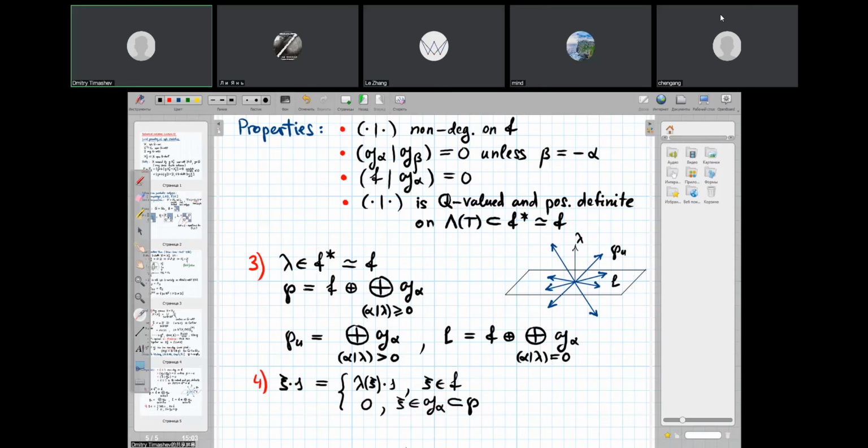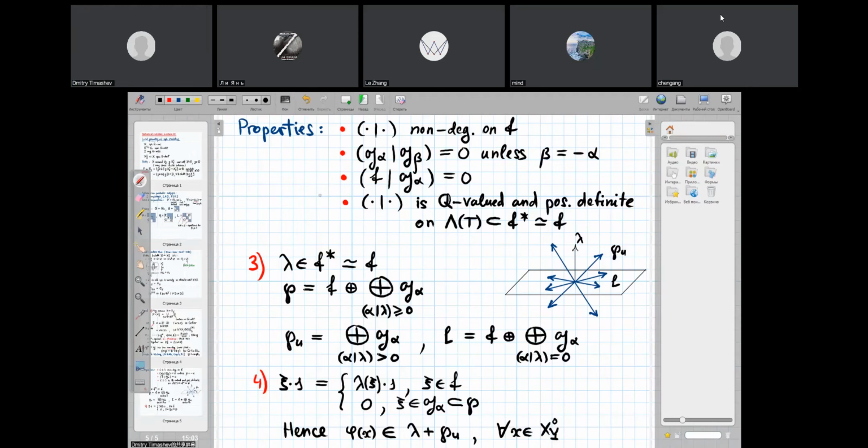And now we can conclude that phi of x can be identified with an element in the following affine subspace: lambda plus the Lie algebra of Pu, for any x in the open B chart.